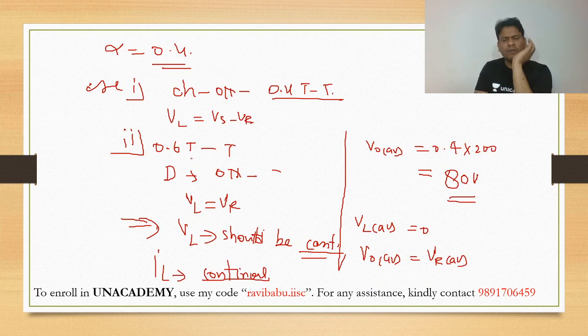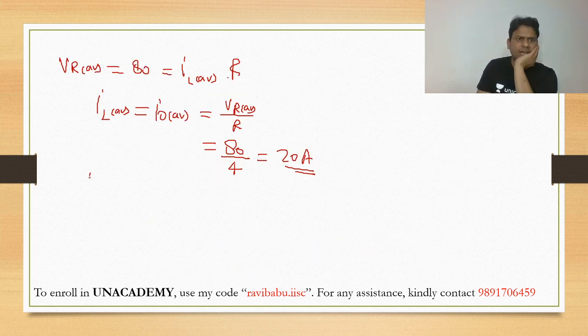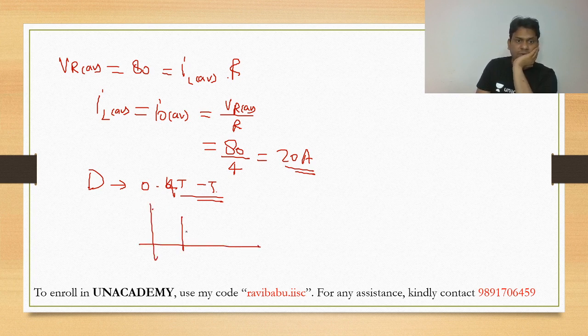The conduction period of diode, as I told you here, alpha is 0.4, so chopper is on from 0 to 0.4 T, okay, and this diode is on for 0.6 T. Okay, so what is the conduction period of diode? Diode conduction range is 0.6 T.